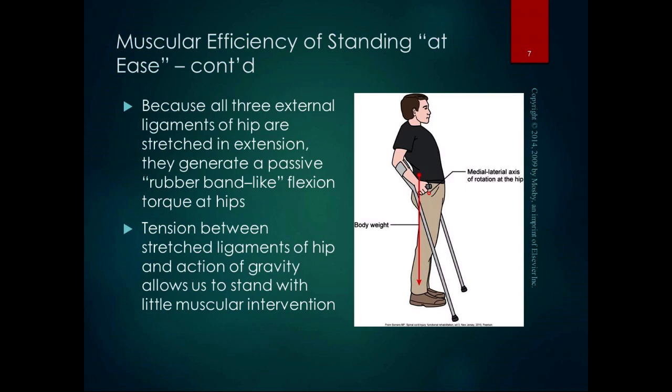By shifting his body weight forward of the medial lateral axis, he's actually able to stand without having good functional muscles in his lower extremities, and the crutches act for balance. So because we have that passive flexion torque at the hips, that allows us to stand with very little muscular intervention.